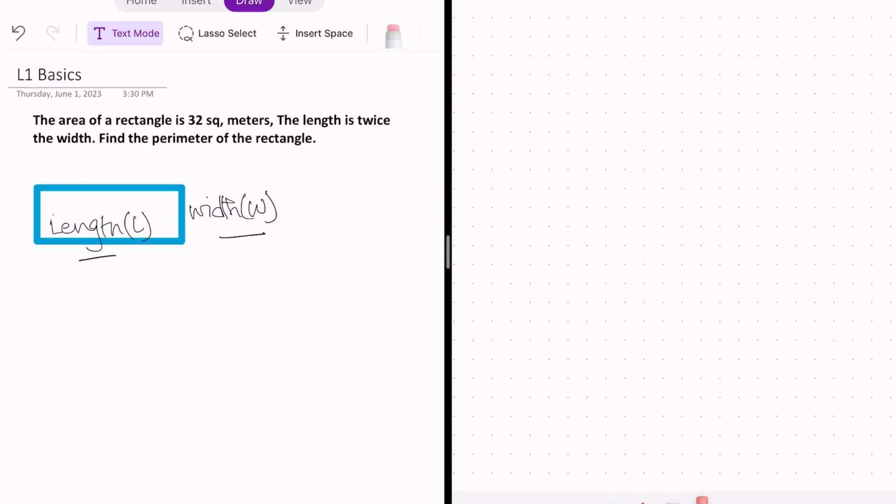So let's write down the clues. Let's assume that length is L and the width is W. We know area is length into width, and that is equal to 32.